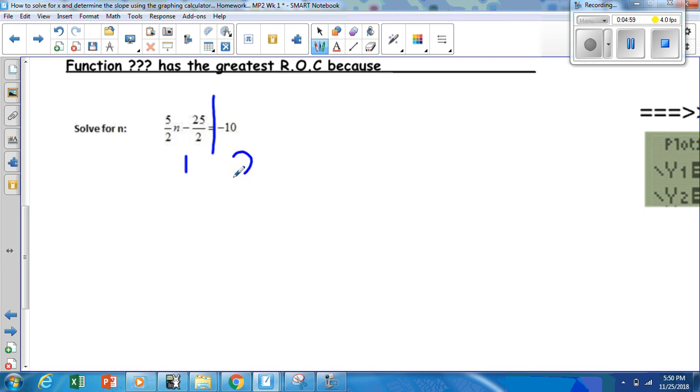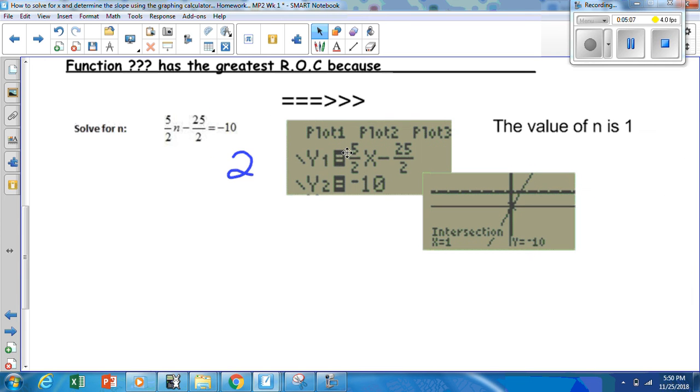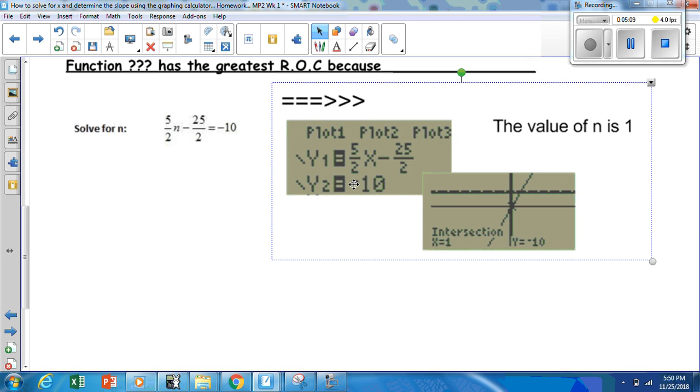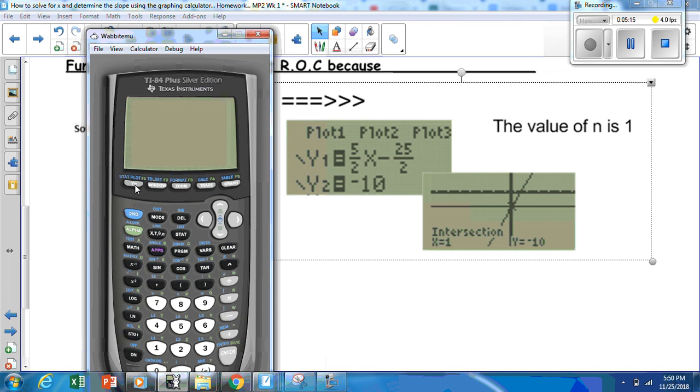All right, once those values are stored in my y editor, which I'm not going to do, I'm just going to hit second, trace, and 5. That'll take me to the screen right here. I'm going to hit enter 5 times, and upon the fifth enter, I'm going to see that when x is 1, we crossed this intersection.